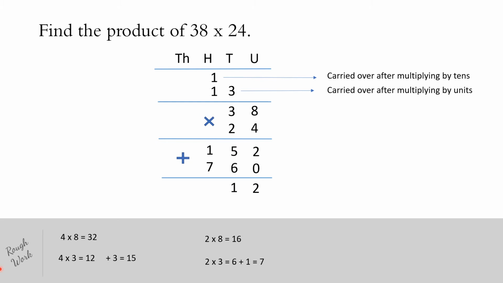So we will write 1 at the tens place and carry over 1 at the hundreds place. So 1 plus 1, 2. 2 plus 7, 9. So we got the final answer. 38 into 24 is equal to 912.